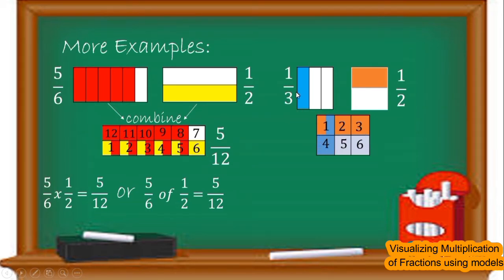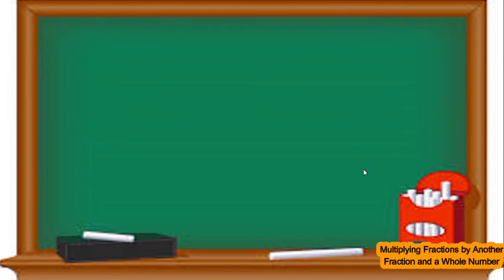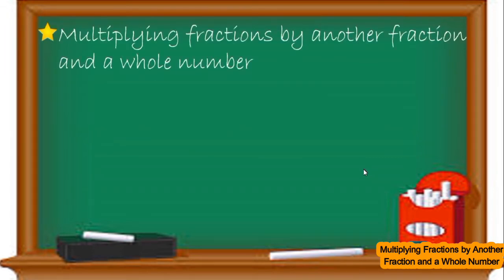So 1/3 times 1/2 is equal to 1/6, or 1/3 of 1/2 is equal to 1/6. Now let's go to multiplying a fraction by another fraction and a whole number.